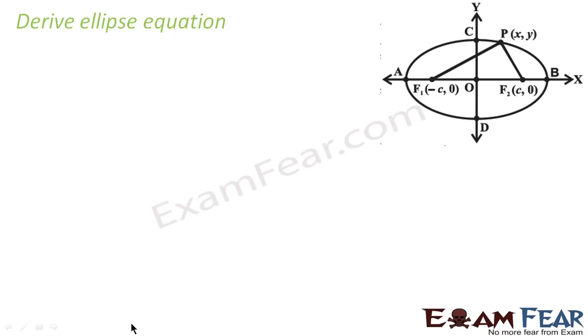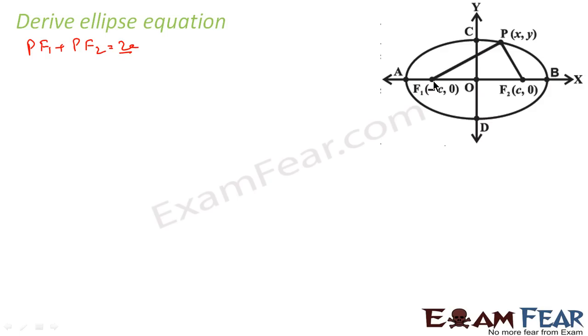Let's derive the ellipse equation. We know that PF1 plus PF2 is equal to 2a, which we have derived earlier. How did we find this? Because we know that PF1 plus PF2 is equal to BF1 plus BF2. If you take any point on the ellipse, the sum of the distances of that point from the two foci is constant.